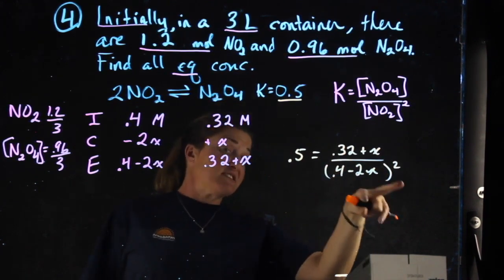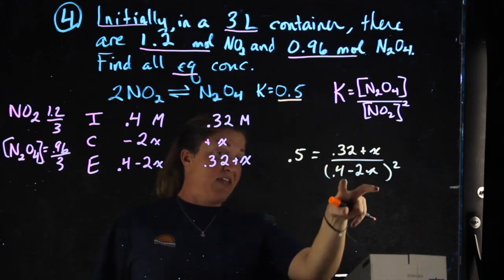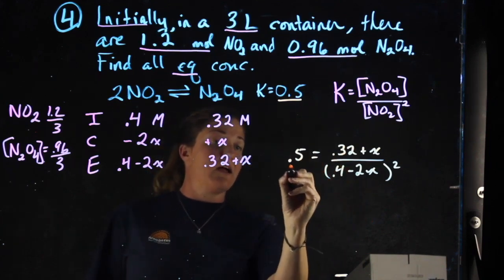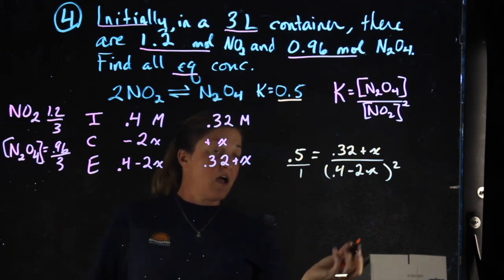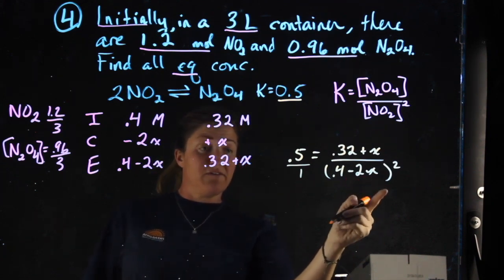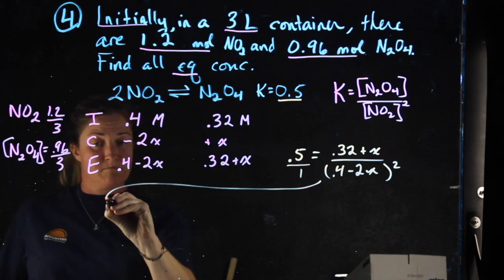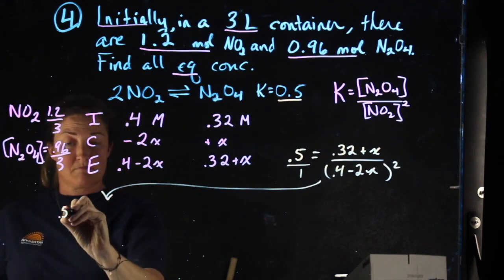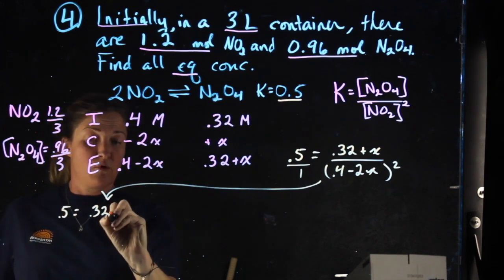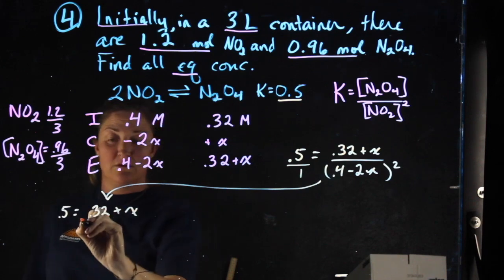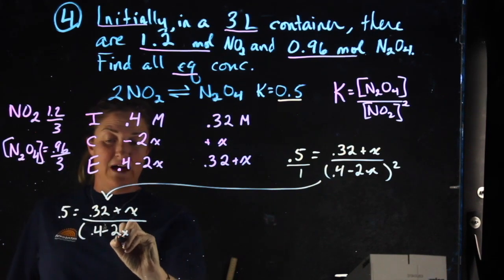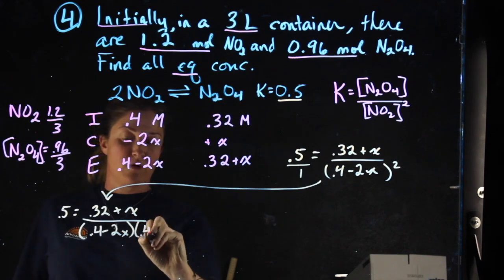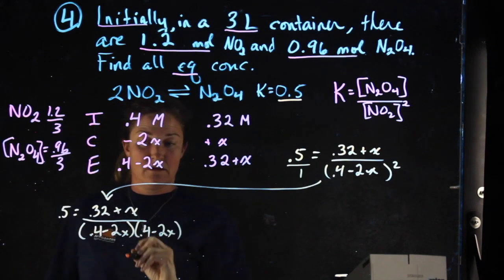Now the bottom has to be FOILed, and then I have to cross multiply and collect all the like terms until I go through the quadratic. So to begin with, I'm going to FOIL the bottom. 0.5 equals 0.32 plus x over 0.4 minus 2x times 0.4 minus 2x.